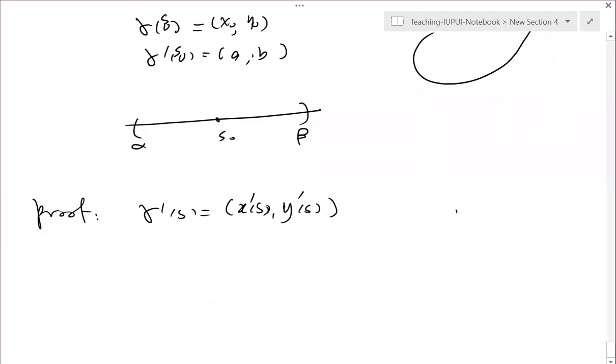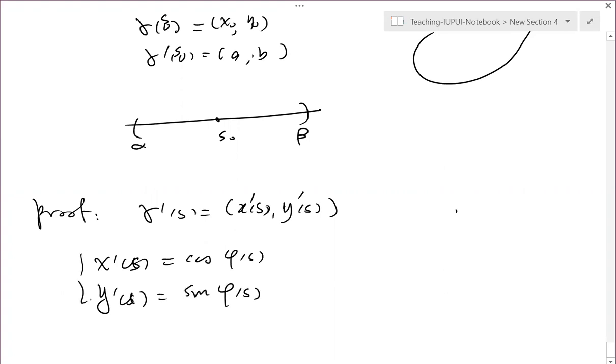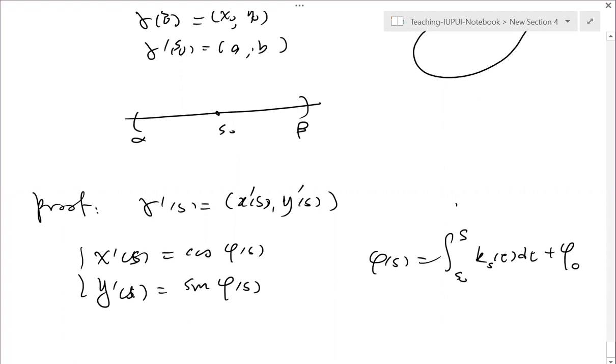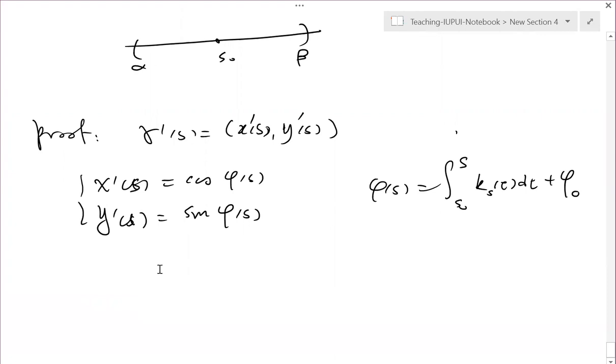And we know already X prime T is going to be cosine phi of S. Y prime is going to be sine phi of S. Okay, and this phi of S is the integral from S naught to S of K S tau d tau plus this. You see? So uniquely, once you get that, then XS is going to be the integral of cosine.